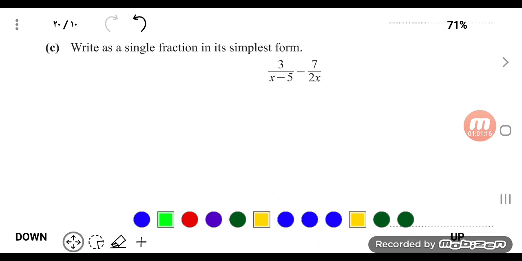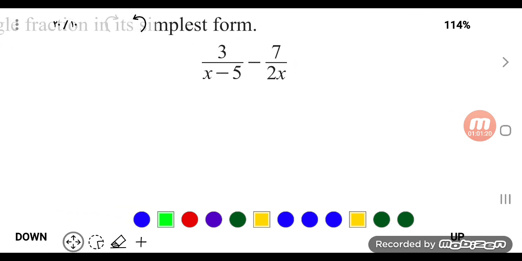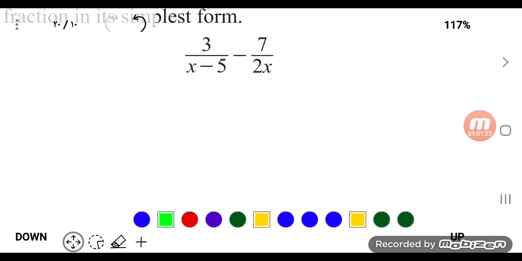Next one. Write as a single fraction in simplest form. So first step, I have to make the same denominator. Multiply this by x minus 5 and this by 2x, up and down.